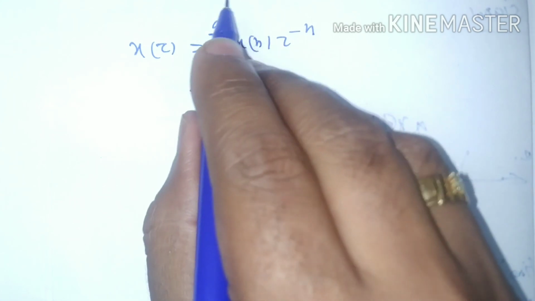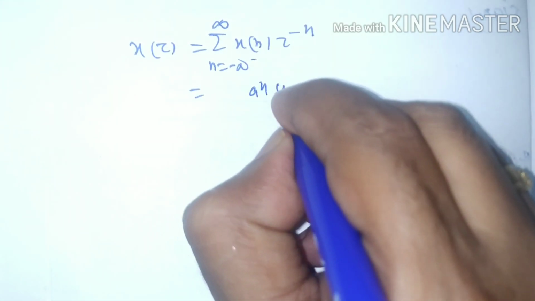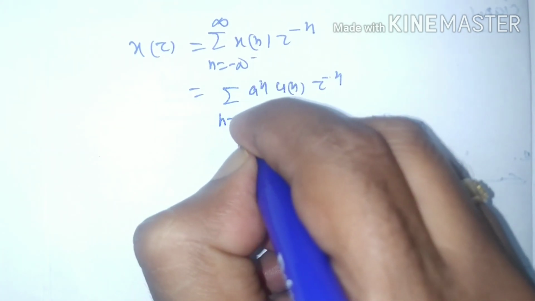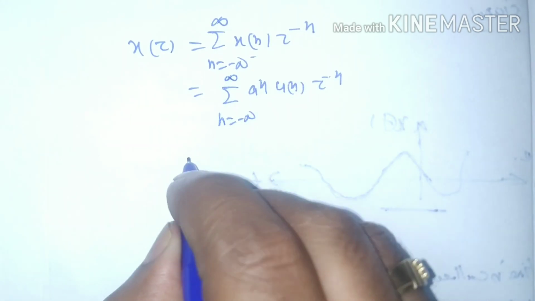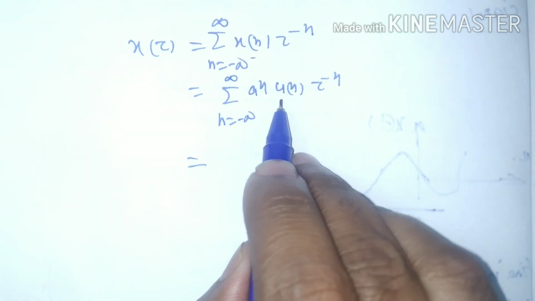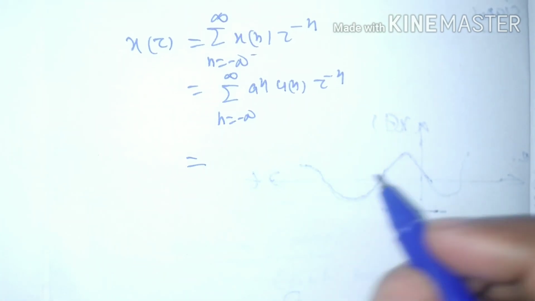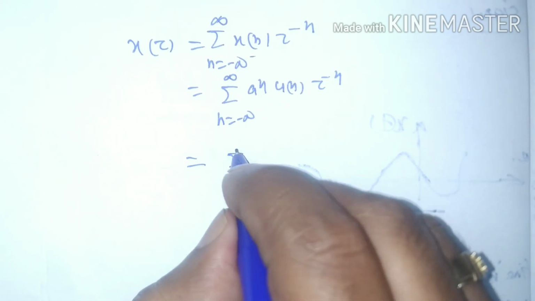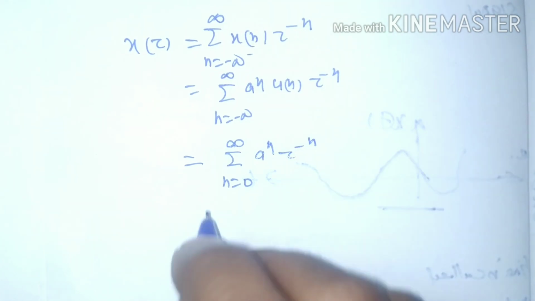If we put the value of x[n] here, then we will get a to the power n u[n] z to the power minus n, and we know that u[n] only lies on the right hand side, so its limit becomes n equal to 0 to infinity, a to the power n z to the power minus n.